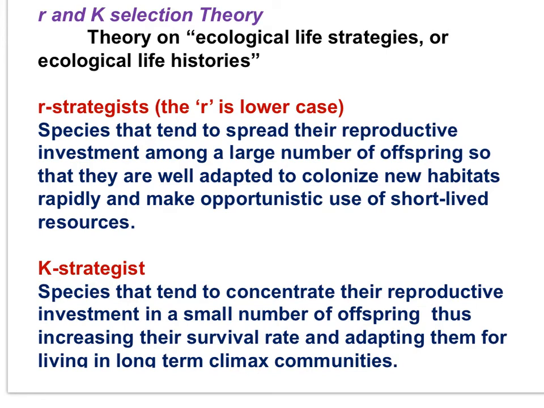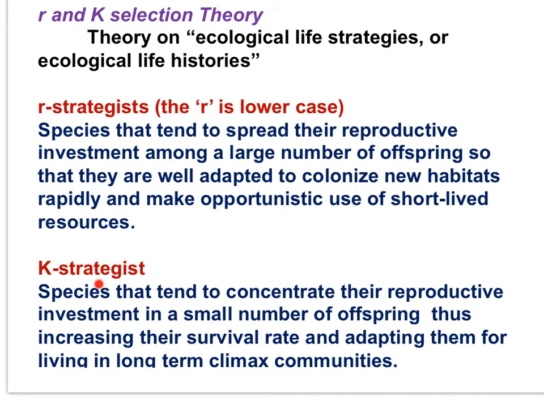The designation of species in groups referred to as R-selected and K-selected comes from an ecological theory known as RK selection theory. It is a theory based on ecological life strategies or ecological life histories. The R strategists, R is lowercase by the way, are species that tend to spread their reproductive investment among a large number of offspring so that they are well adapted to colonize new habitats rapidly and make opportunistic use of short-lived resources.